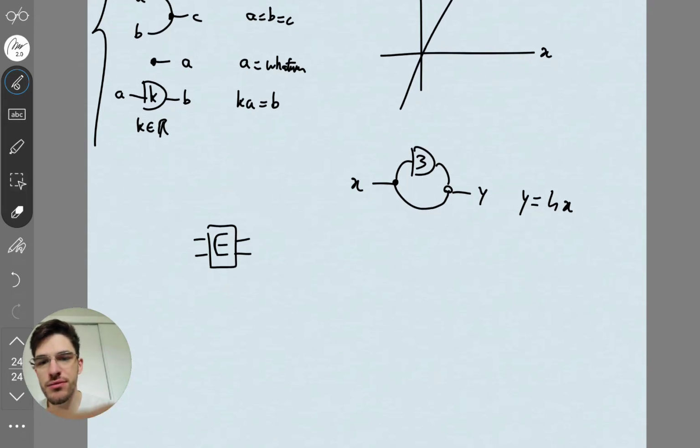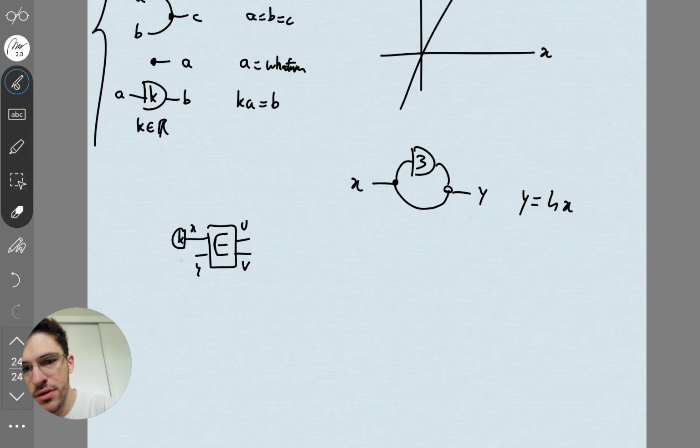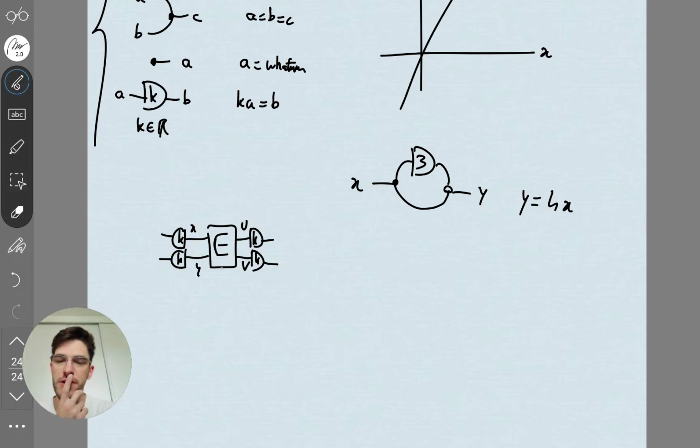And there's a very important property. There are two very important properties. The first one is that if I have a set of points that are valid, so for example x, y, u, v, and then I multiply all of them by some number, suddenly I'm describing some other set, right?